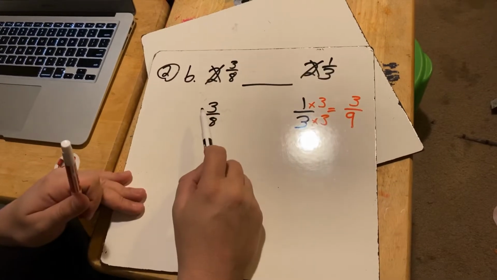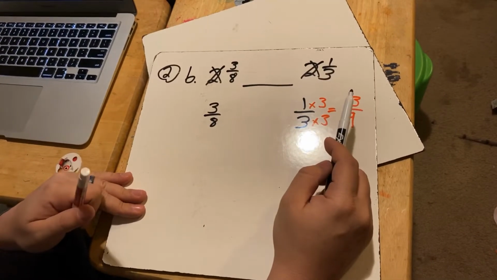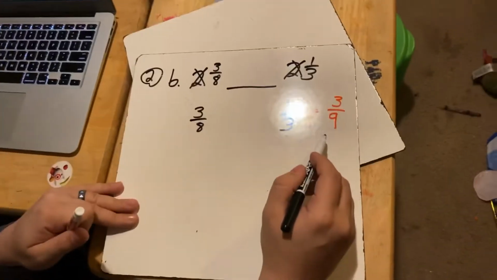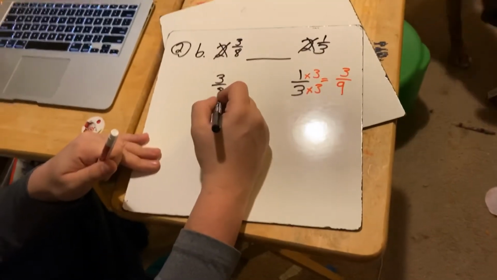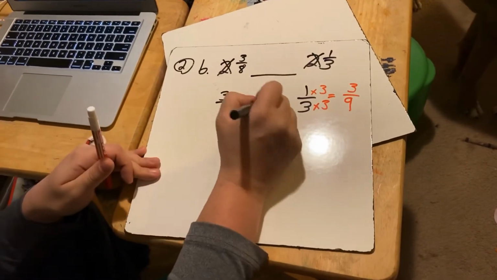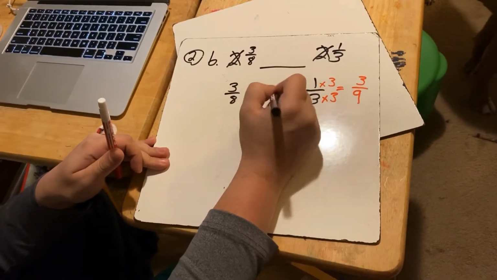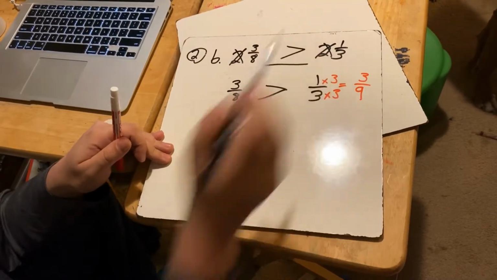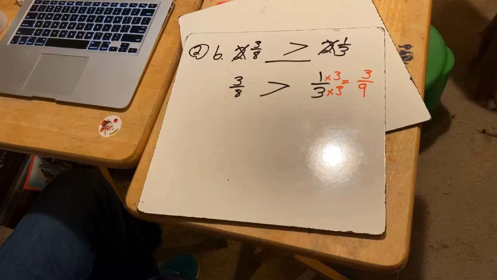I've got 3/8 and 3/9. And if you remember, when I have the same numerator, whichever denominator is a smaller number means my pieces are larger. That is going to be my larger fraction. So what we would say is 2 3/8 is greater than 2 1/3.